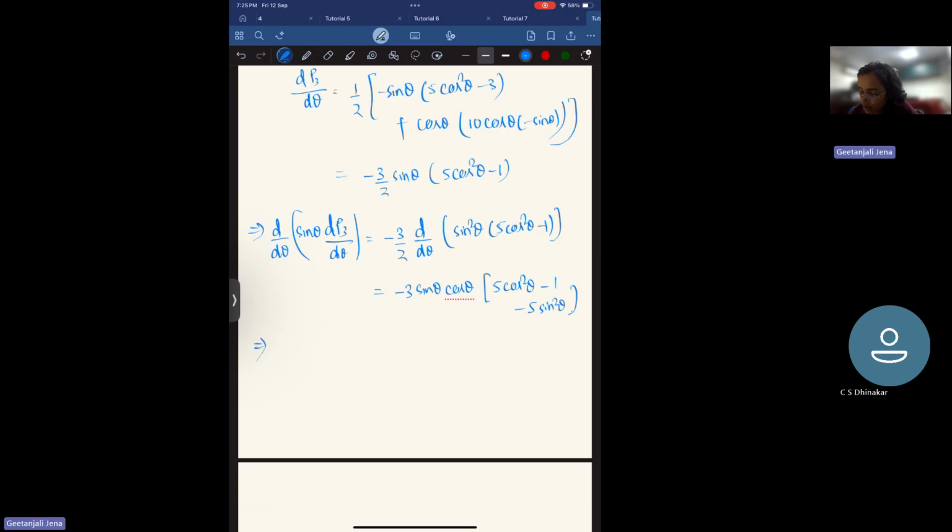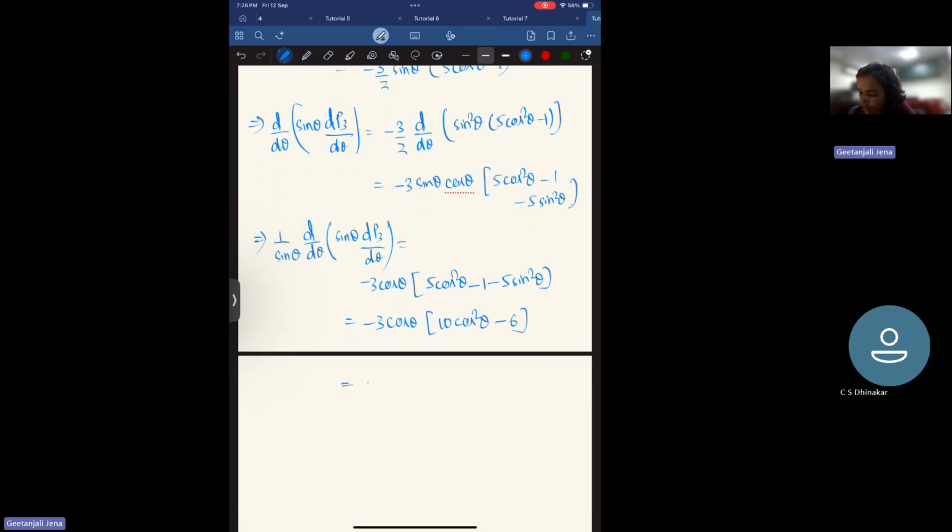So that means if you divide it by sin theta, you will get minus 3 cos theta (5 cos square theta minus 1) minus 5 sin square theta. Simplify it. So this is 3 cos theta (10 cos square theta minus 6).